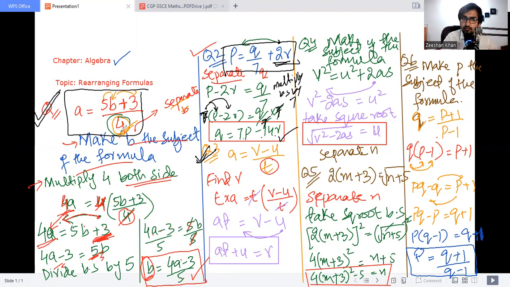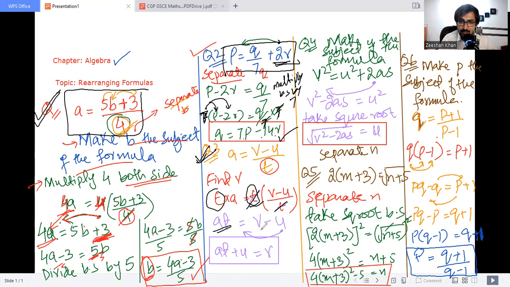You can see 4 was down, which was the denominator of both the u and v. So for that, multiply t both sides. You can see I have multiplied here, and I multiplied to the right side as well. Now, t times a would become ta, and this t will cancel out with that t. So u minus v will be left here.